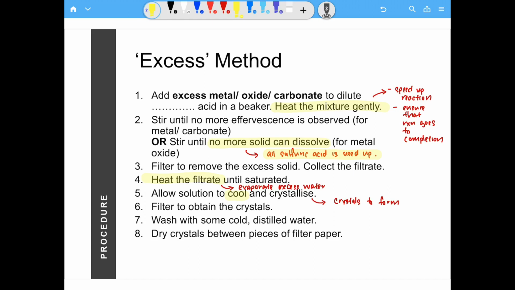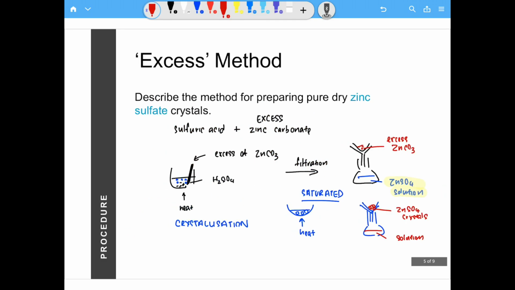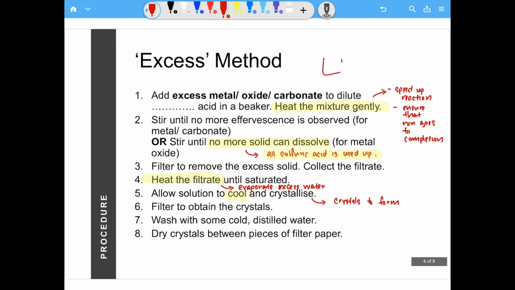Let's consider the scenario where we have added less than excess of the solid. For example, we have sulfuric acid and we've added just a little bit of zinc carbonate.